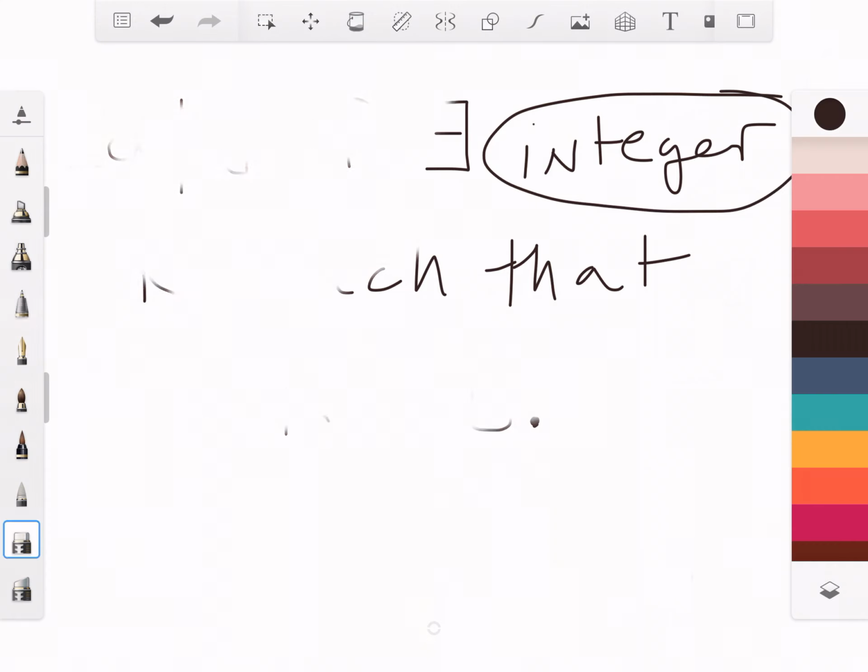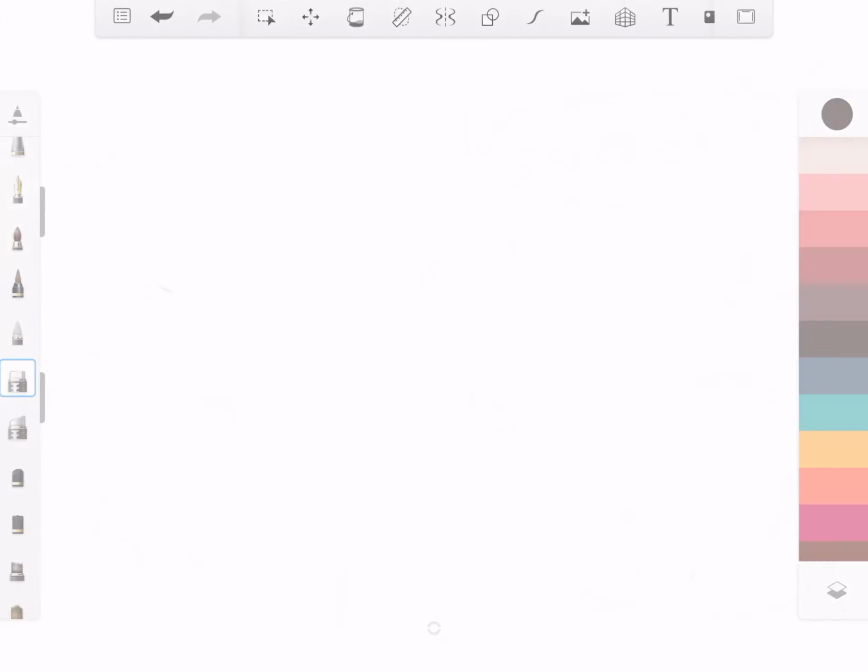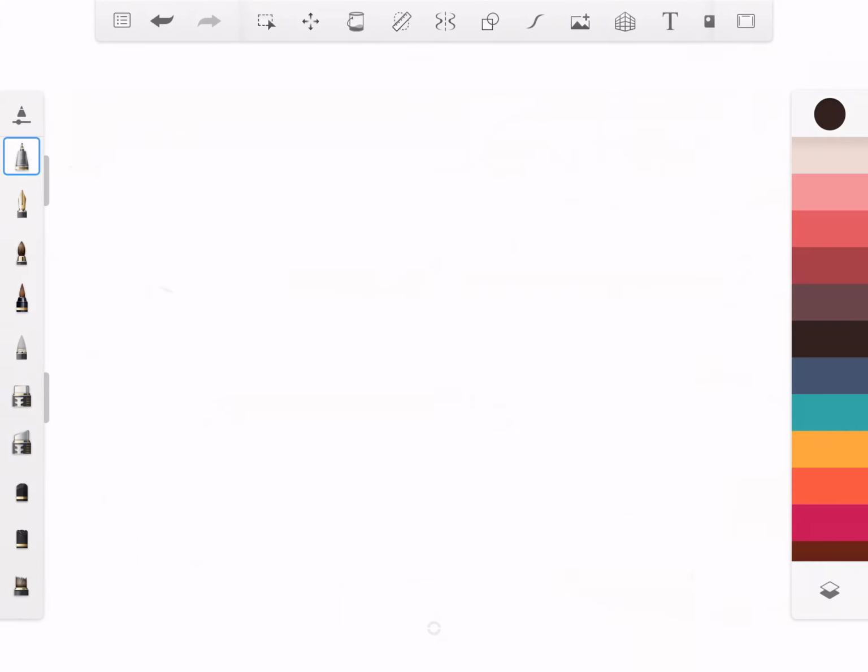Okay. So why does this only work with integers? Let me show you. The reason this only works with integers is because if we were to extend this definition to rational numbers, these are fractions, right? Then anything can divide anything else.